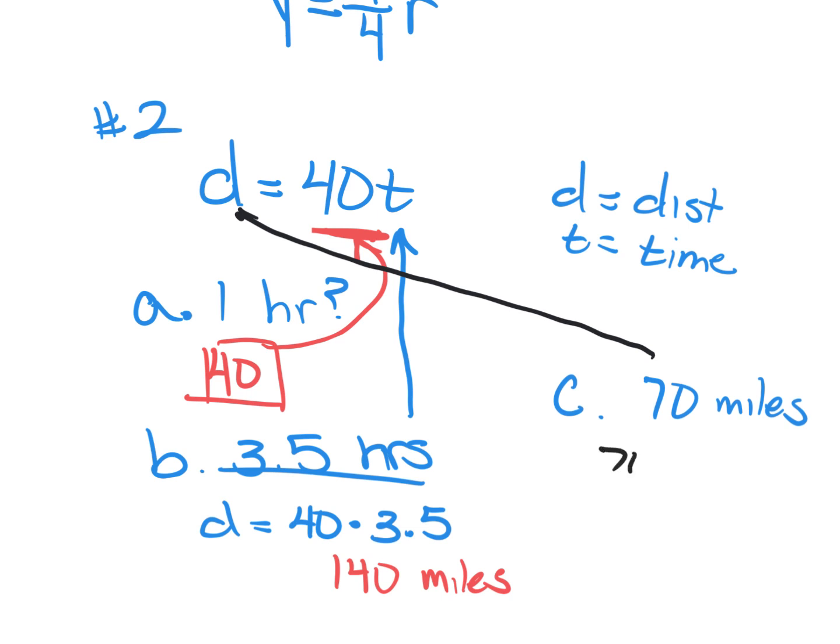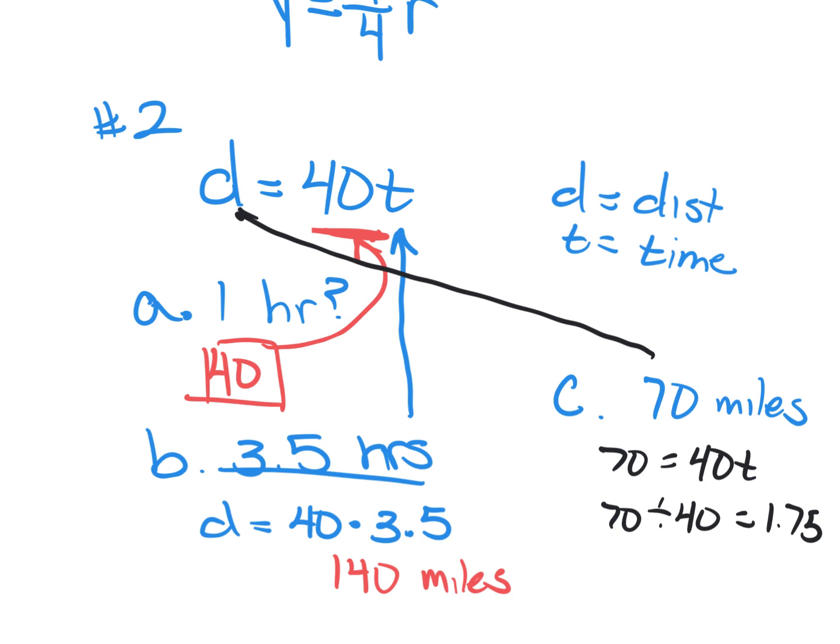So 70 equals 40t. Because it's on the other side of the equation, we're going to divide. We start with the number that is in the problem, so 70 miles divided by 40 miles an hour. I pull out my calculator. 70 divided by 40 is 1.75 hours.